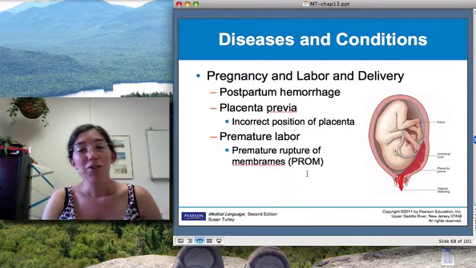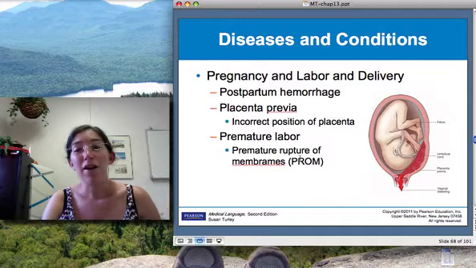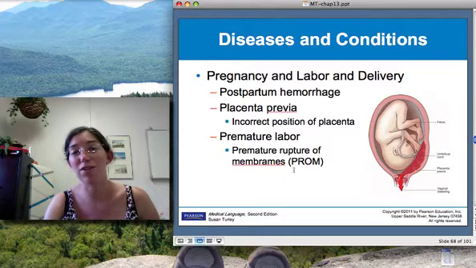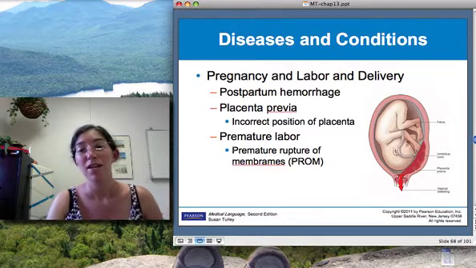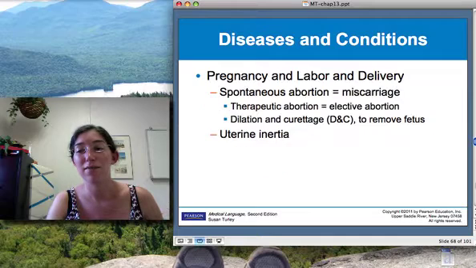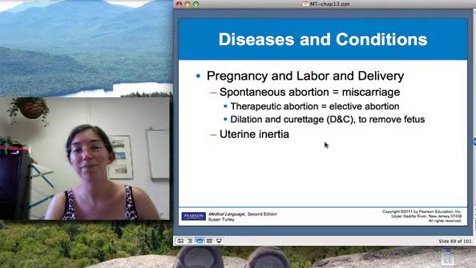But if you have premature rupture of membranes, so your water breaks at 30 weeks, which is much sooner than full term (full term is 37 or 38 weeks), then you're in labor, and that's premature rupture of membranes.